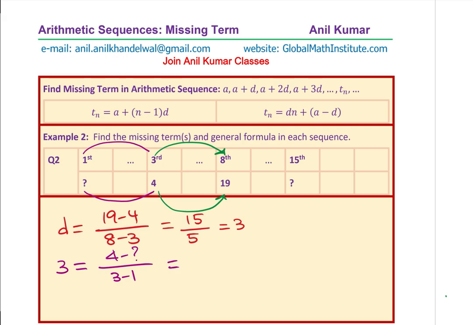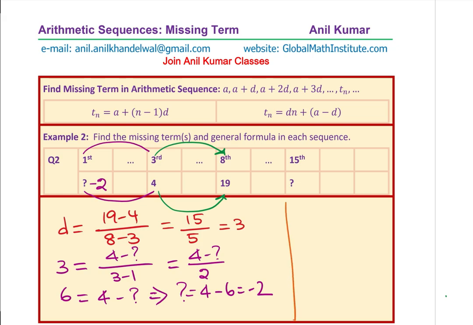So this is basically 4 minus what we don't know over 2. Cross multiply. We get 6 equals to 4 minus what you don't know. And therefore, we get this value as 4 minus 6, which is minus 2. So here we get a value which is minus 2. Do you see how we have used the concept of gradient to get our answer? Correct? That's the beauty which I wanted to share with you.